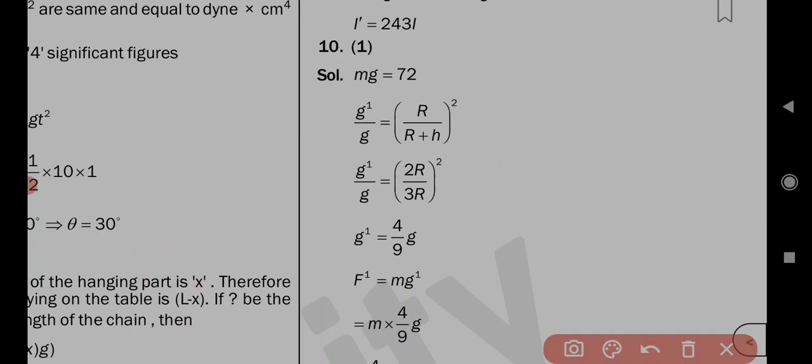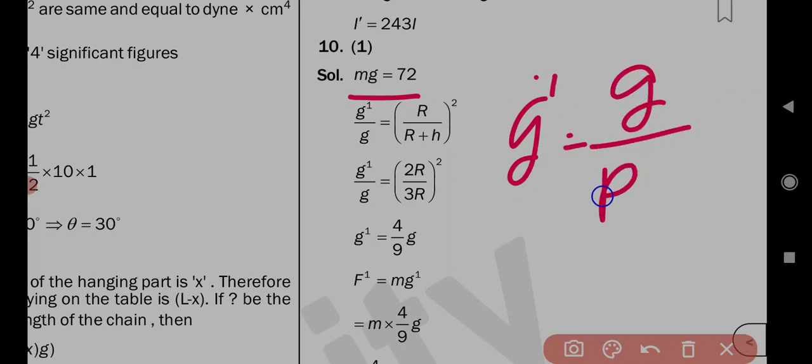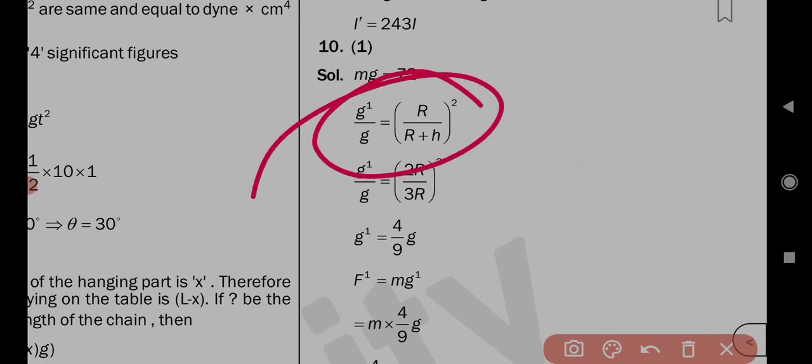If you go into mountain, your weight decreases. Let's see how. So mg is 72 on the surface of the earth, and g dash is g by R. The relation is g dash is g times R by R plus h whole square.